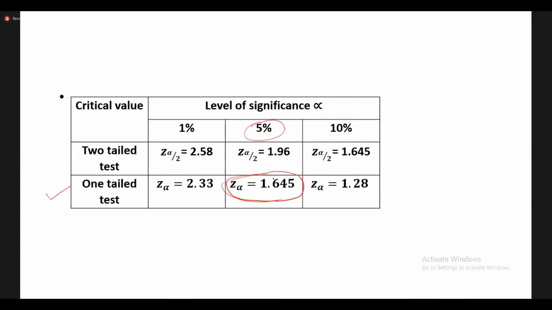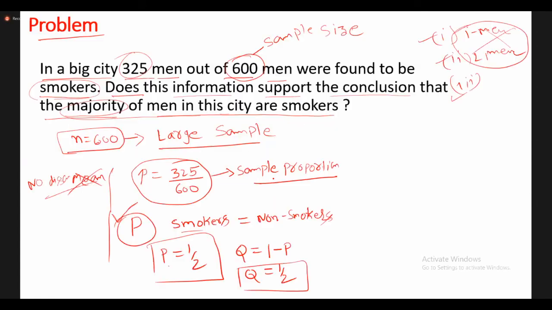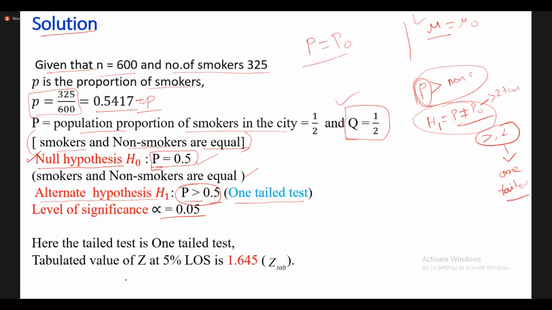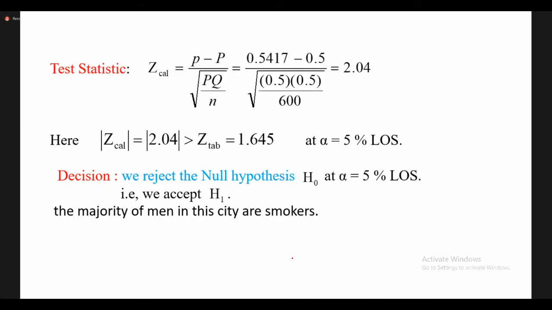Is it clear? That is the table value. The test is a one tail test, alpha is 5%, and the Z tabular value is 1.645. The third step is over.